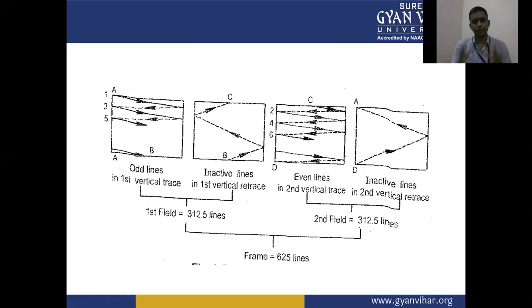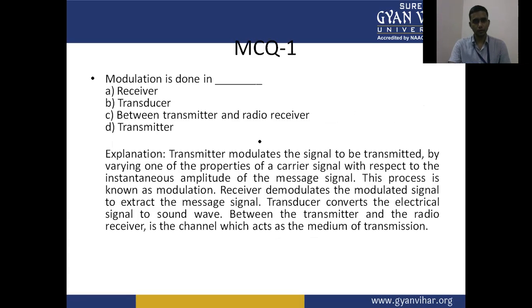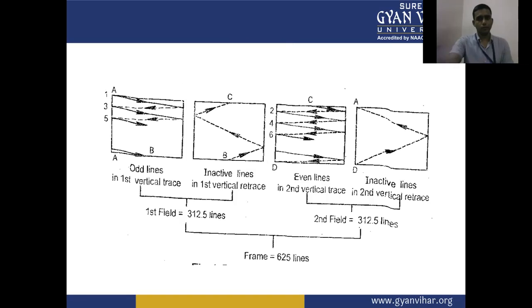So the total frame consists of 40 retrace lines, that is inactive lines. This is the complete scanning process of the electron beam or scene or picture in the television transmission and reception system.